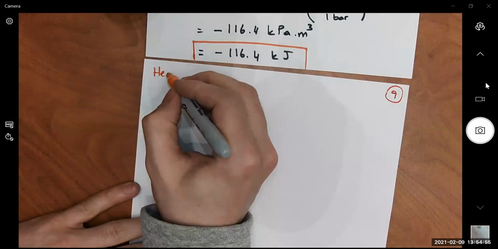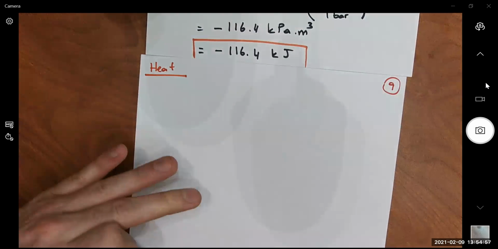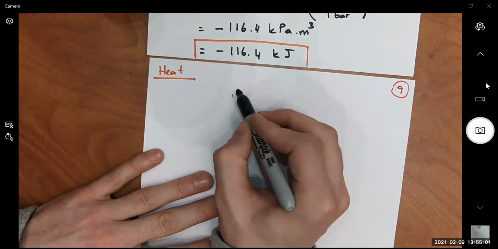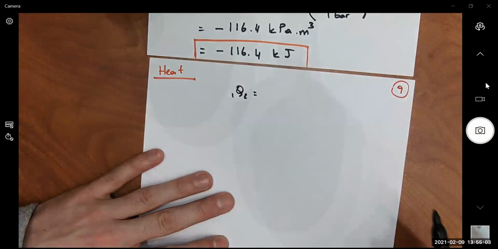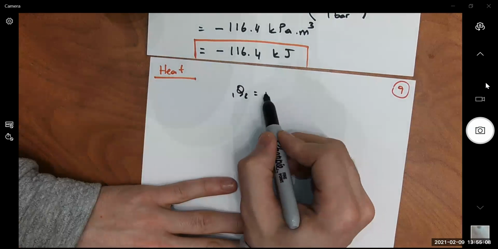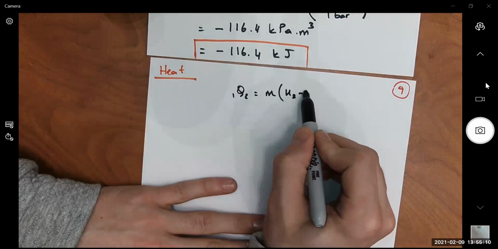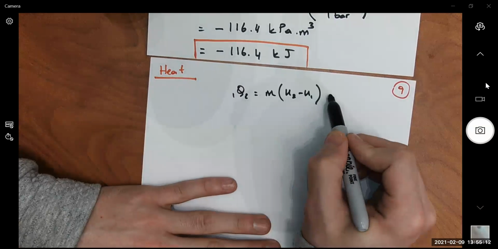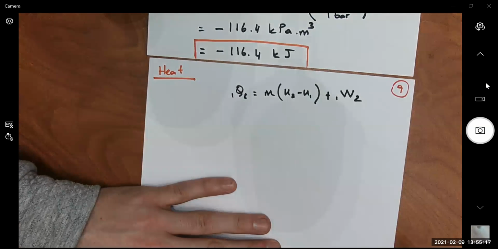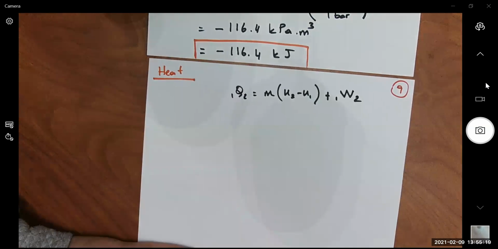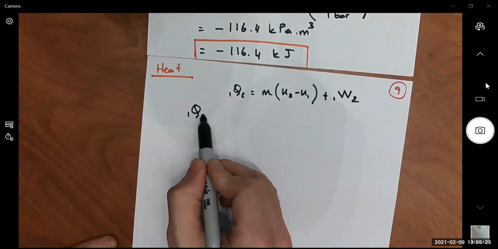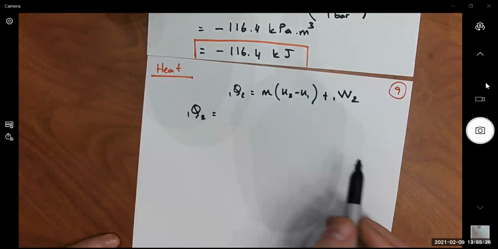Heat transfer from state 1 to state 2 is M times U2 minus U1, plus work from state 1 to state 2.